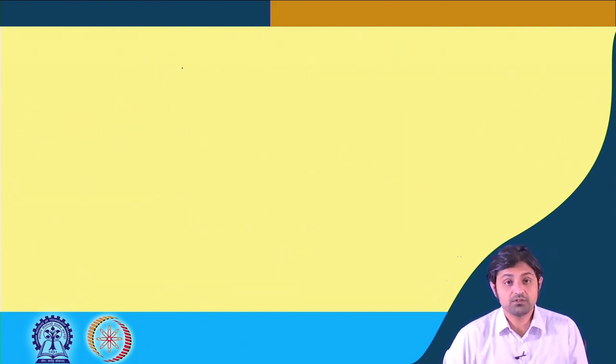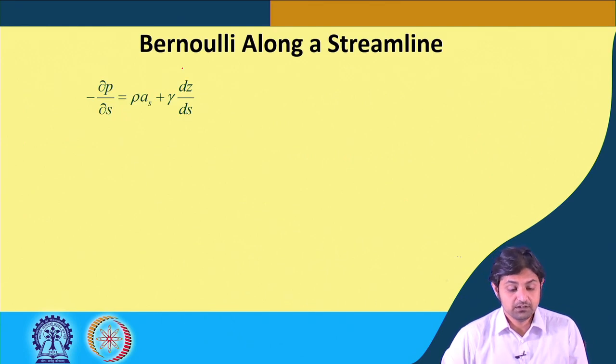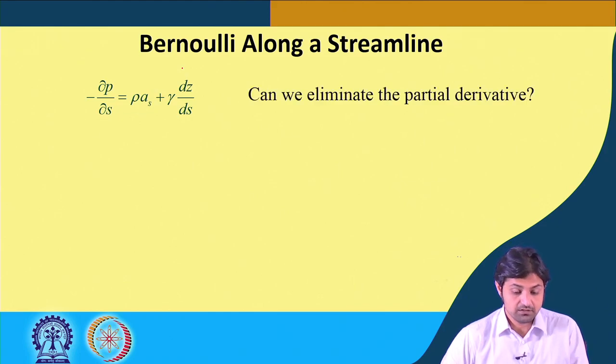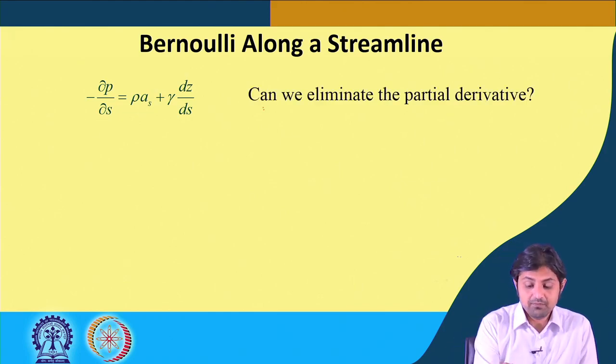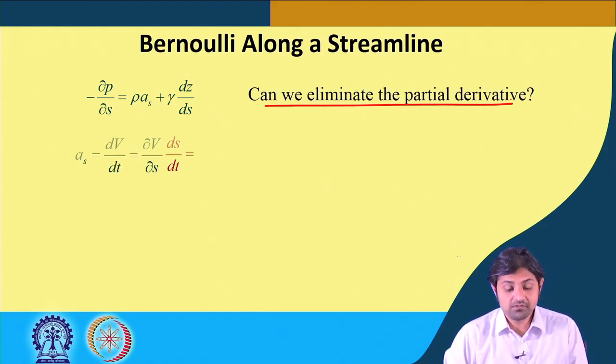Going back to the slide again, this is what we have got: minus del P del S is equal to rho a_s plus gamma dz ds. Good. Can we eliminate this partial derivative?